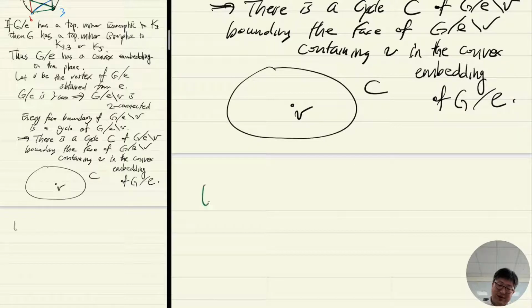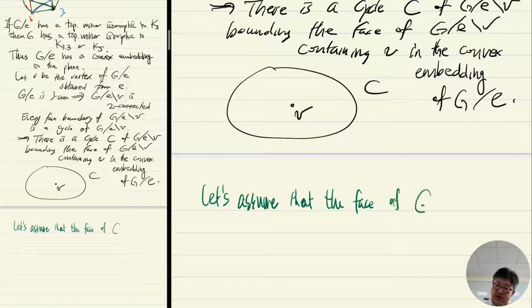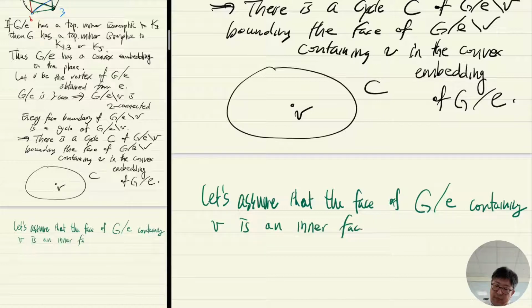So let's assume that the face of G contract E containing V is an inner face. Why?